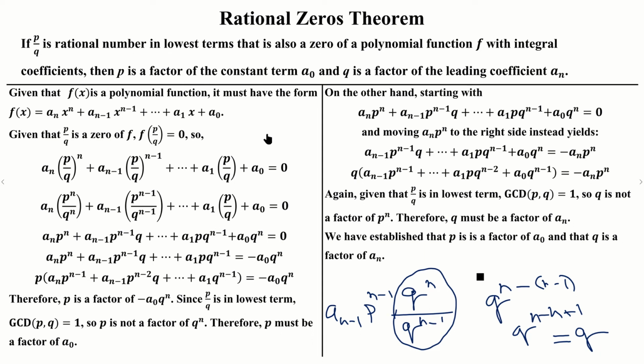That narrows down the number of possible zeros that we could be looking for when trying to factor a higher degree polynomial, right? We know that if there's going to be a rational root or a rational zero of the polynomial, or root of the polynomial equals 0, that equation, then we know that the numerator is going to have to be a factor of this constant term, and the denominator is going to have to be a factor of this leading coefficient.